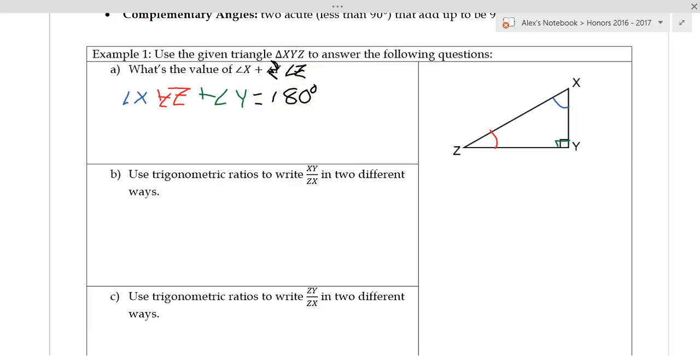But what do I know about these angles? Well, I don't know anything about angle X and angle Z, but I do know that Y is 90 degrees, right? So I have angle X plus angle Z plus, now instead of angle Y, I'm going to put 90 degrees.